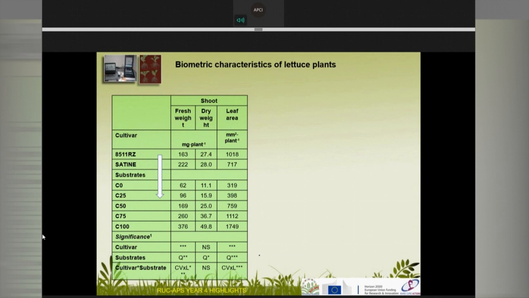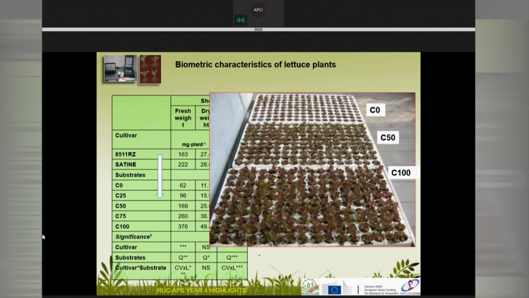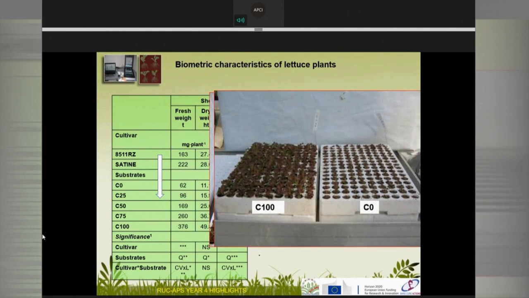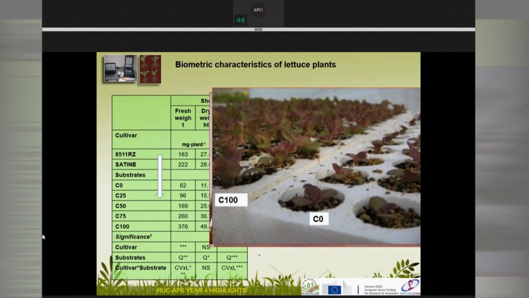Lettuce seedlings in the trial showed an enhanced overall growth with increasing presence of Posidonia-based compost in the growing media. And keep in mind that in this trial, no mineral fertilizers were added. And these are some pictures about this trial.